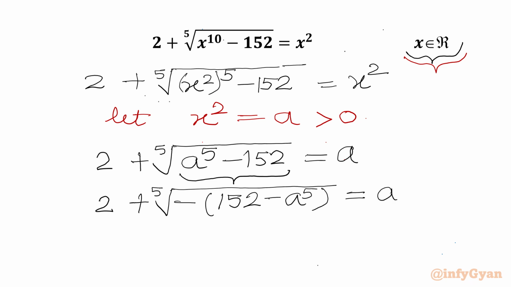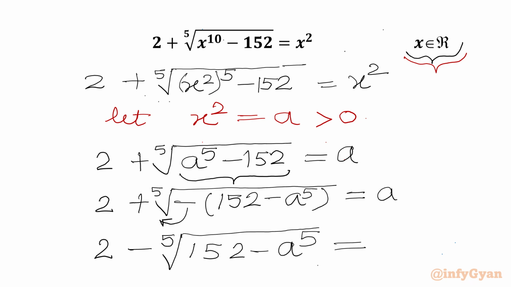Now as we can see our power is odd, so I can take this minus sign outside this radical fifth root. So I will write 2 minus fifth root of 152 minus a power 5 equal to a.